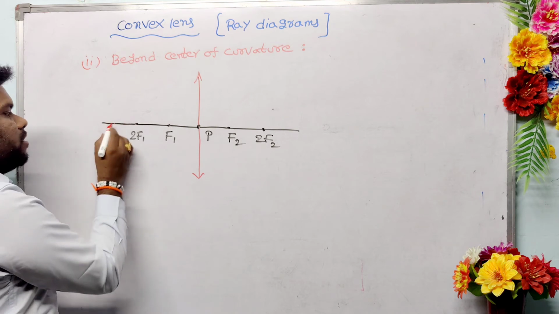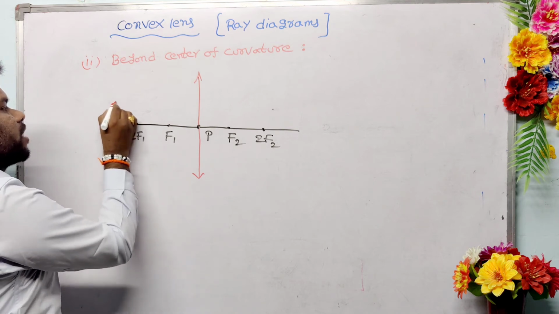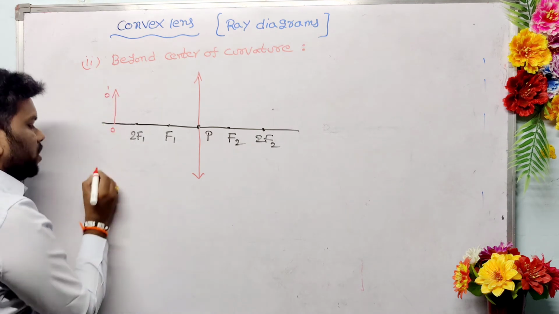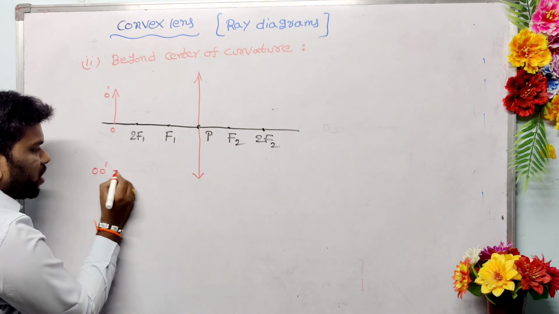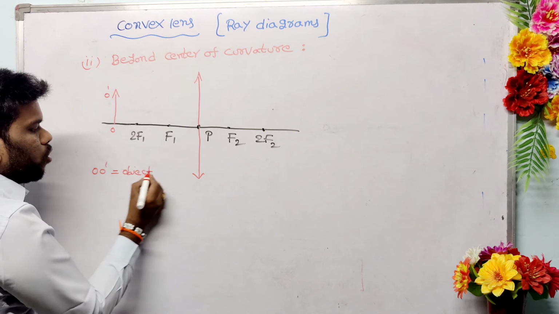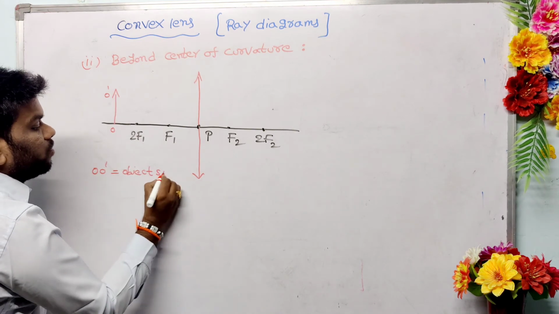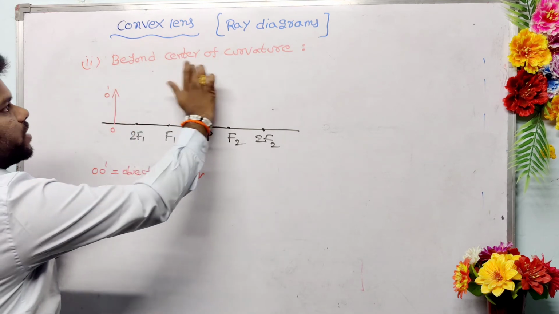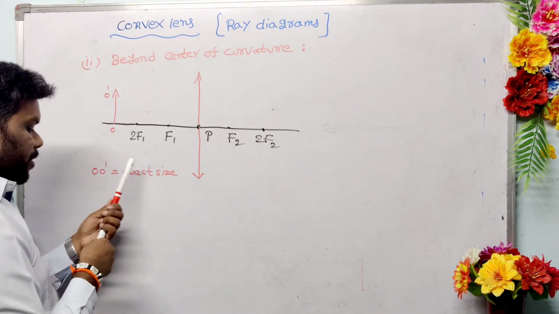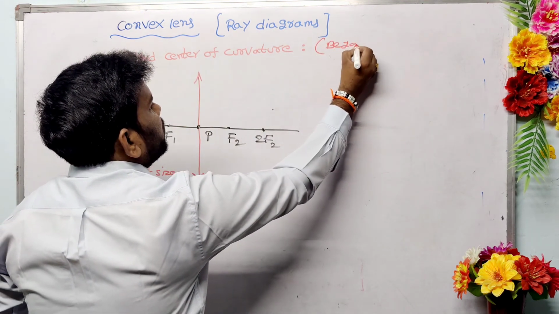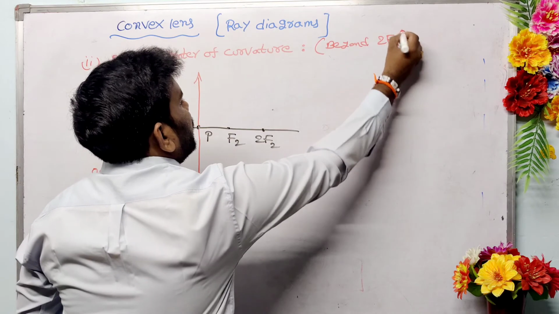Beyond means avatala. So ikkada nenu object pedutunna. Yes, this is called O dash. Here O dash is equal to object size, means object. So beyond center of curvature, here beyond center of curvature means beyond 2F1.